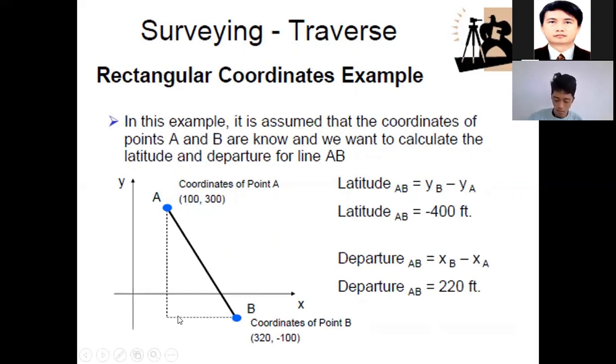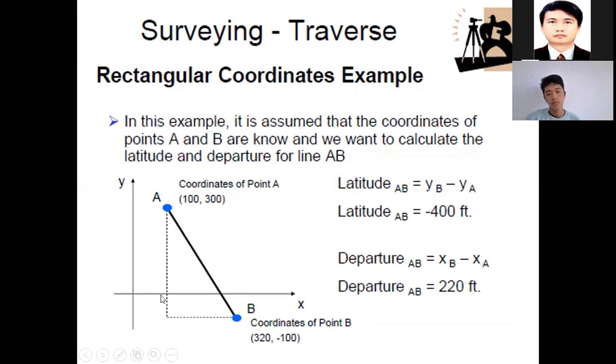This can be obtained by subtracting y sub A from y sub B. So our y sub B is negative 100, and minus the y sub A, which is 300, will give us negative 400. It is negative because from point A to B, the latitude component goes downward.